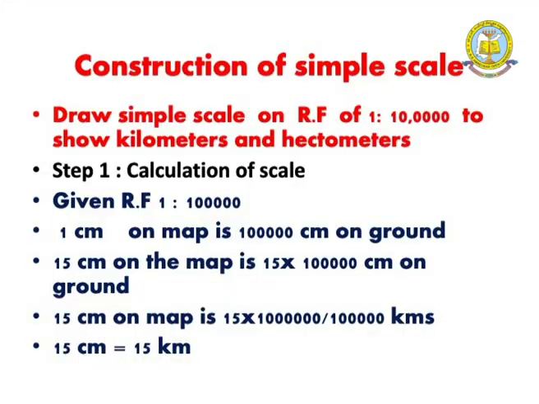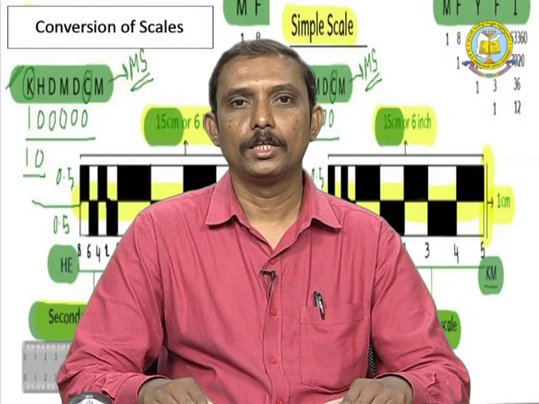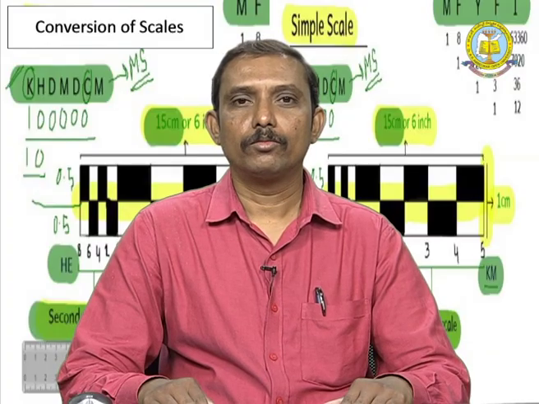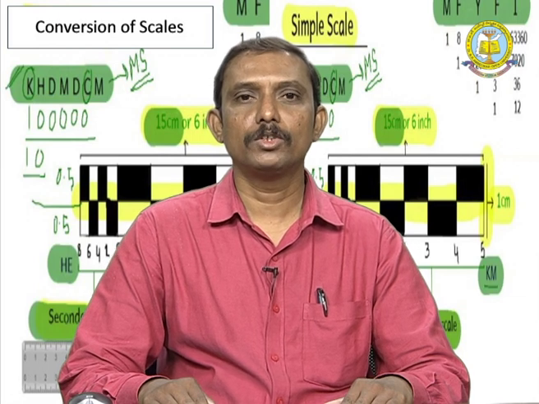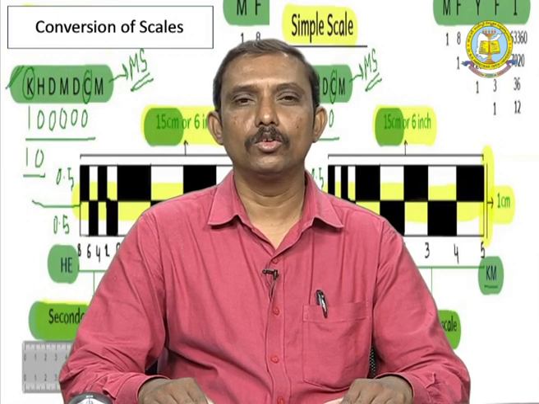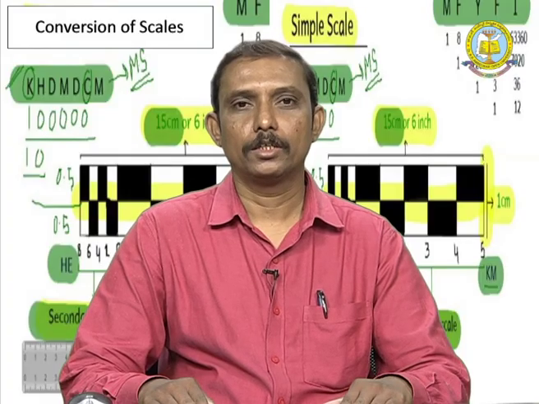The first step for any construction of scales is to calculate the scale first. How can you calculate the scale? In your problem, they will provide you with the RF value. With that RF value, you have to first construct a scale.